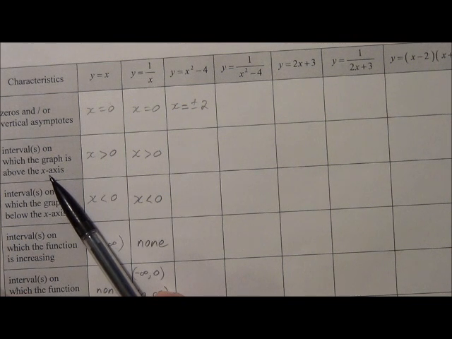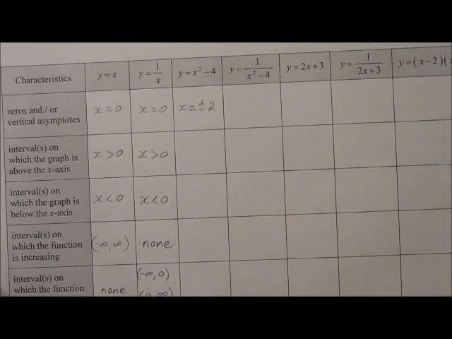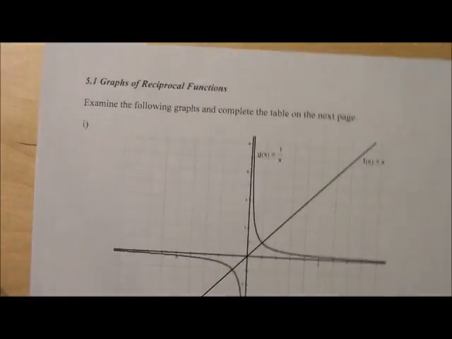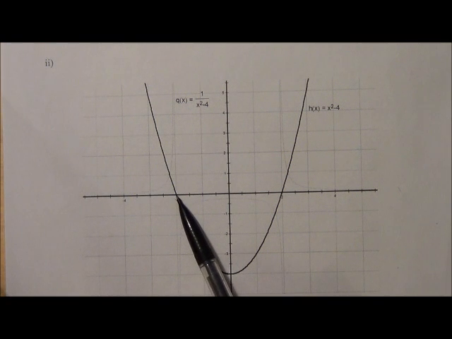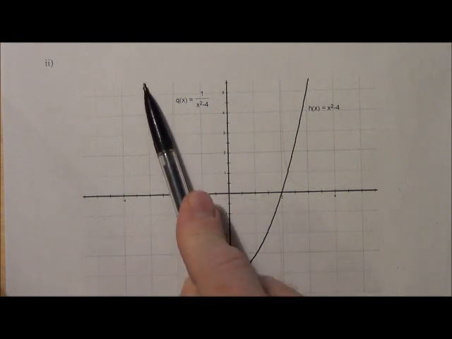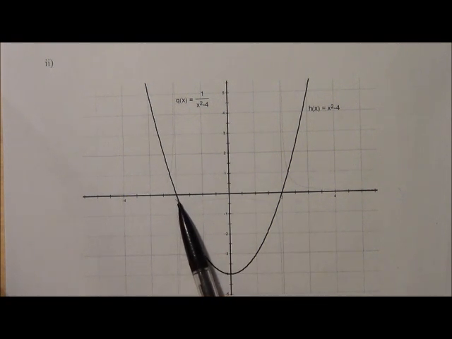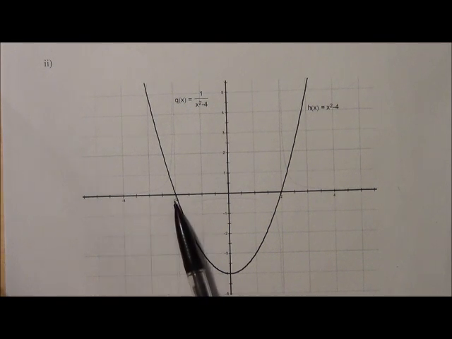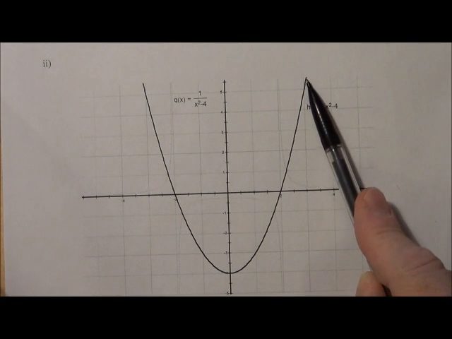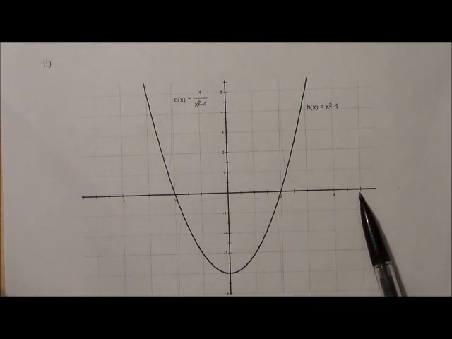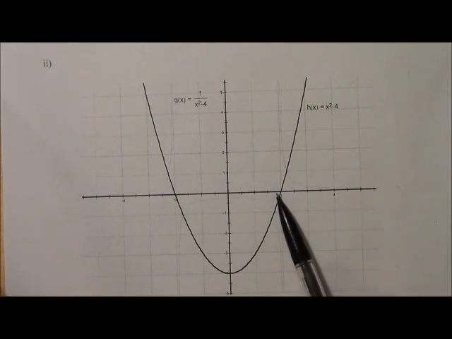The interval or intervals on which the graph is above the x-axis. Well, the graph is above the x-axis over on this side here, where x is less than -2, and on this side where x is greater than 2.